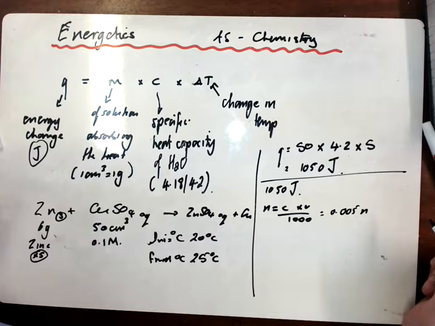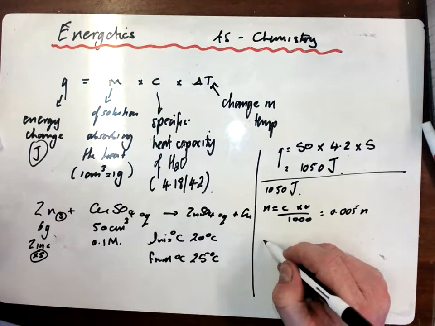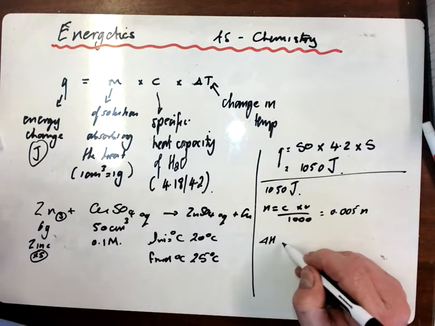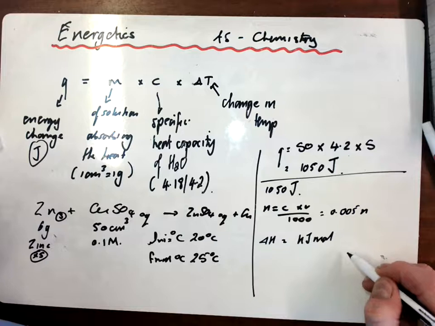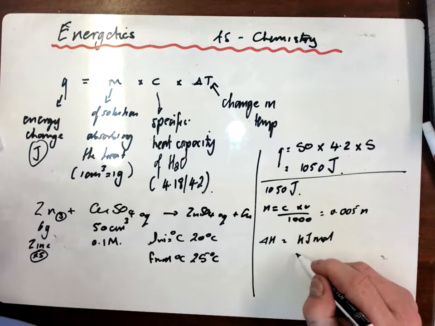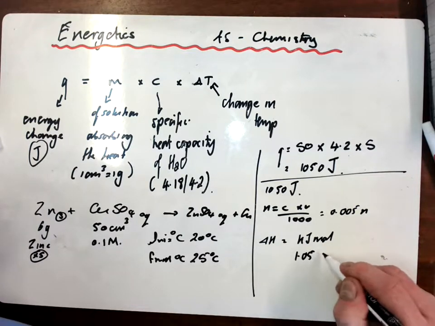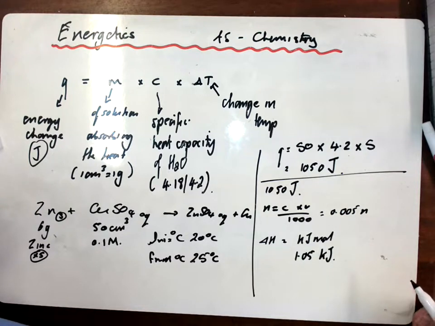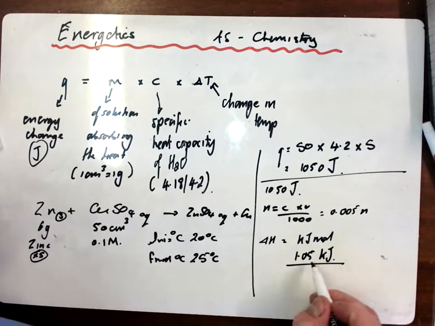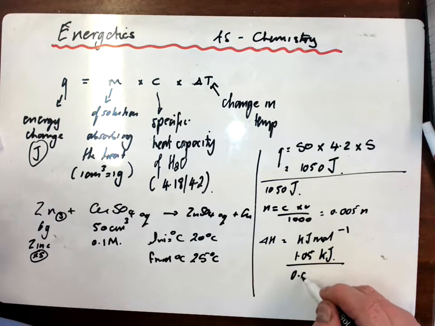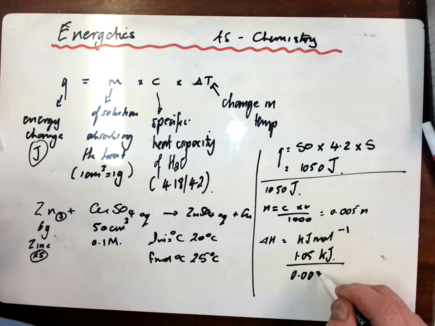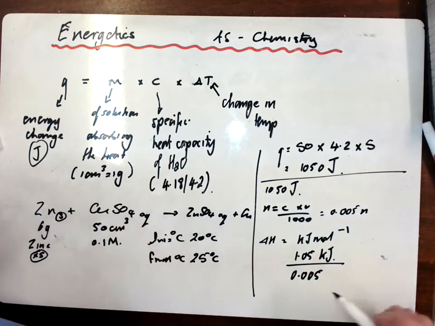That gives me moles of copper sulfate at 0.005 moles. Now the next thing is to work out my delta H, and remember my delta H is given in kilojoules per mole. So I'm going to convert Q into kilojoules just by dividing by 1,000, and then convert it into kilojoules per 1 mole of copper sulfate, although it will also be of zinc because they react in a 1-to-1 ratio here.